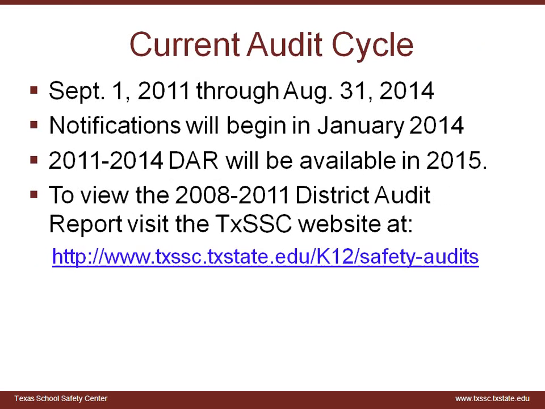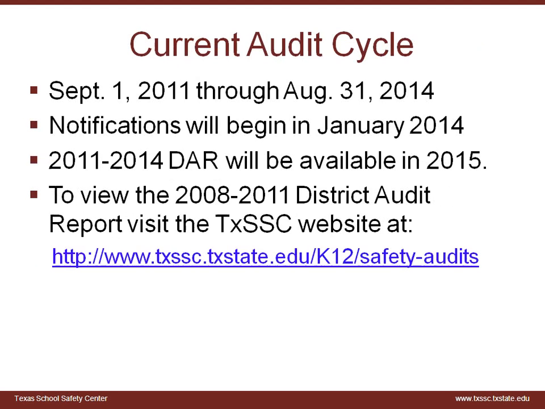Now, as I mentioned before, we're ending the second year of the current audit cycle. The cycle began September 1 of 2011, and it will end August 31st of 2014.